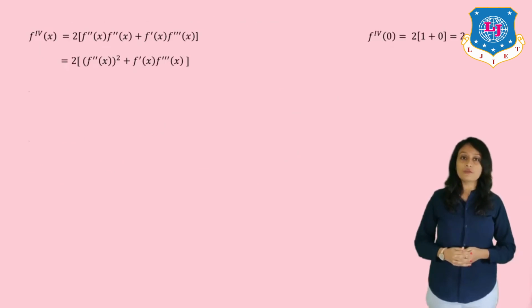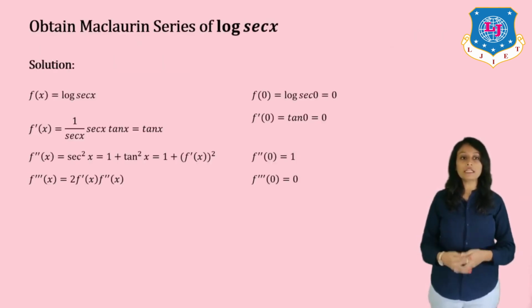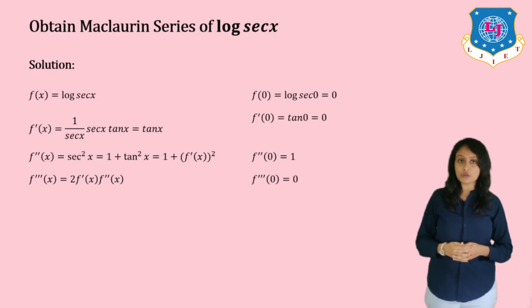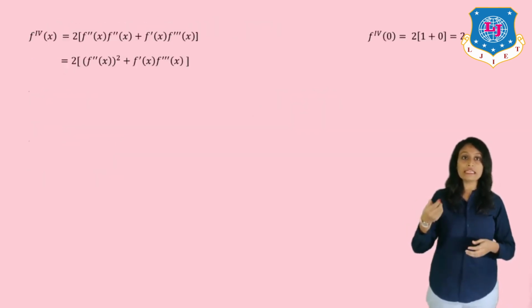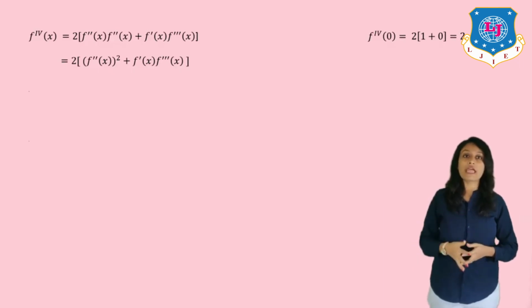Now next we have to find the derivative again. To find the derivative, here we have to apply the multiplication rule in this third derivative. So 2 we keep as it is, and we apply the multiplication rule on f'(x) and f''(x). Firstly f''(x) is kept as it is, and the derivative of f'(x) is f''(x), plus f'(x) kept as it is, and the derivative of f''(x) is f'''(x).